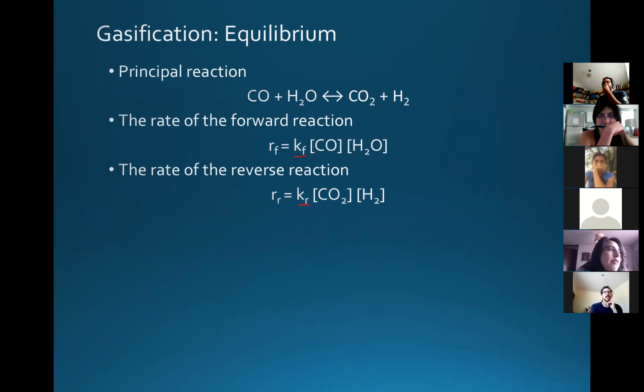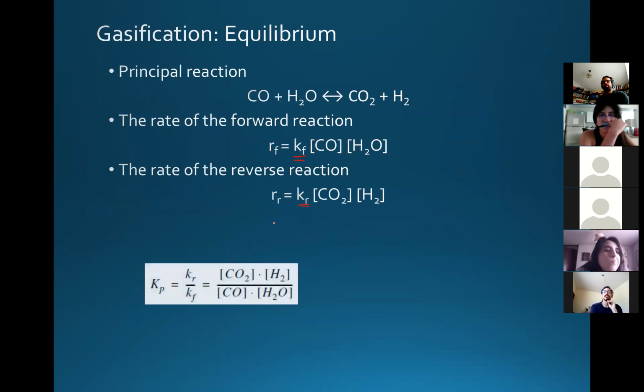So it's better to do an experiment or a pilot plant to obtain those values. But these reactions are well studied. You can find these values in the literature at different temperatures. Okay, so that's not a big deal.